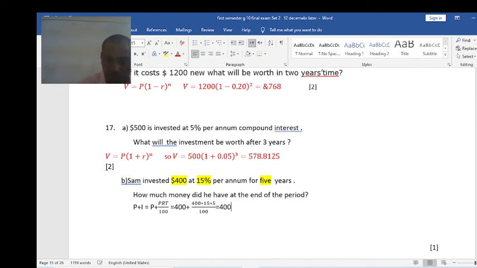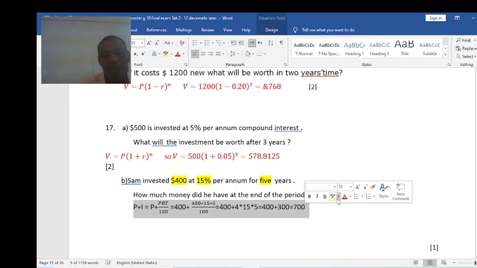It will be 400 plus 400 divided by 100 is 4. It will be 4 multiplied by 15 multiplied by 5. So 4 multiplied by 5, 20. 20 multiplied by 15 is 300. So it will be 400 plus 300 equal, the total is 700. Don't forget the dollar.